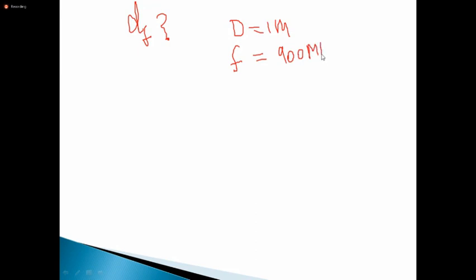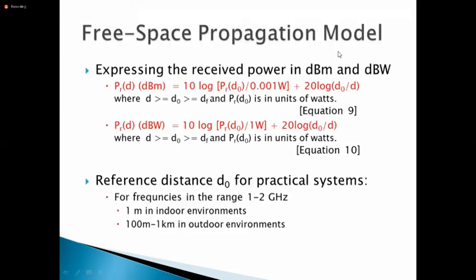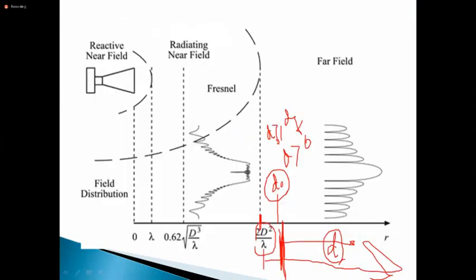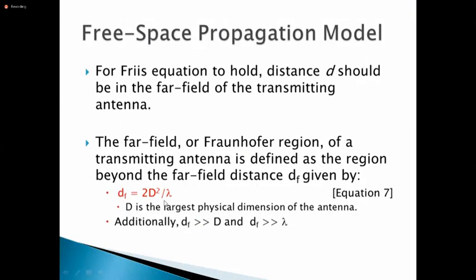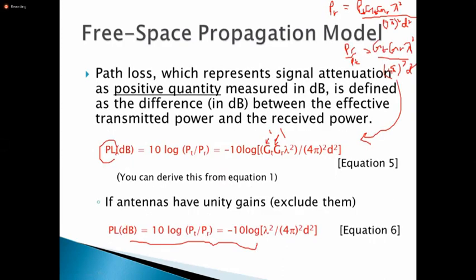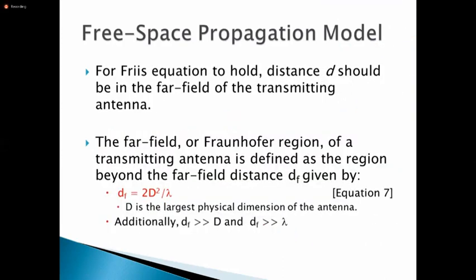Now the equation for the far field distance is, far field distance එක කීයද, equation එක මොකක්ද? This is the equation for the far field distance. And DF is 2D square divided by lambda. Right? This is the equation. 2D square divided by lambda.